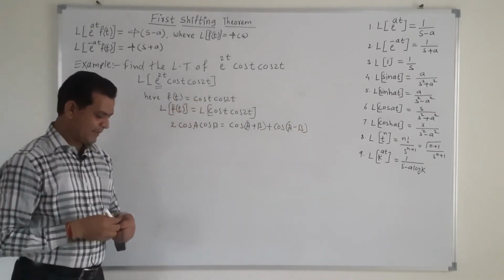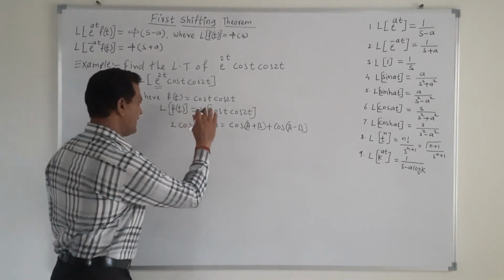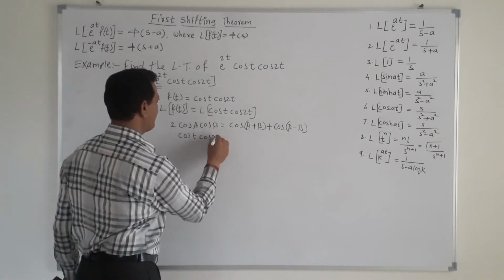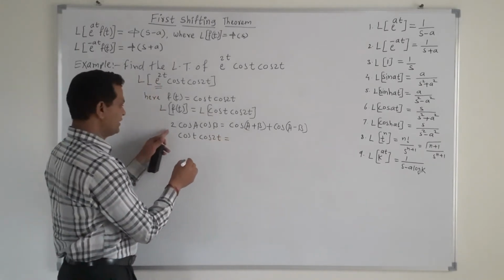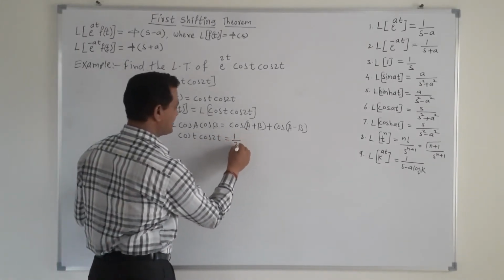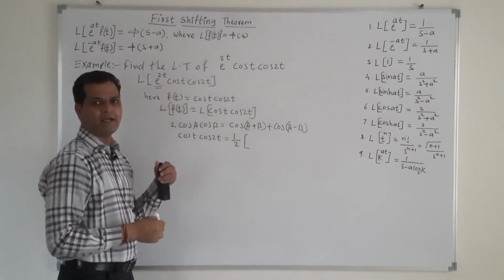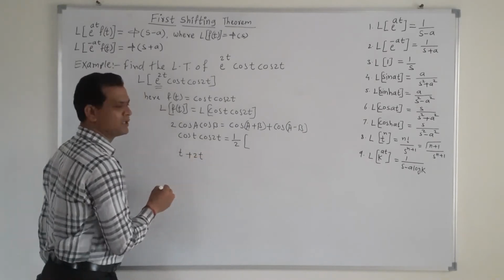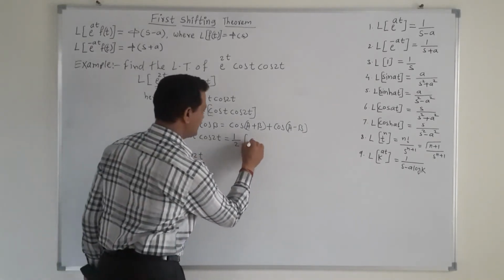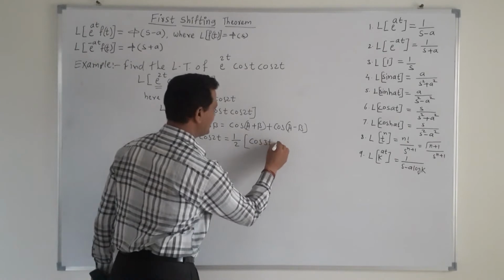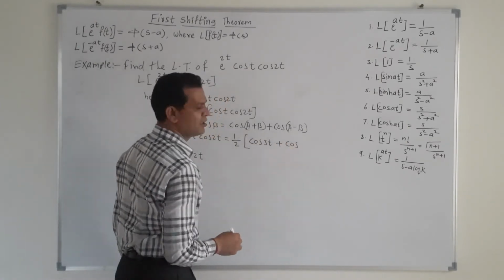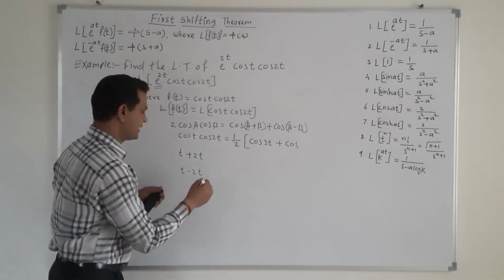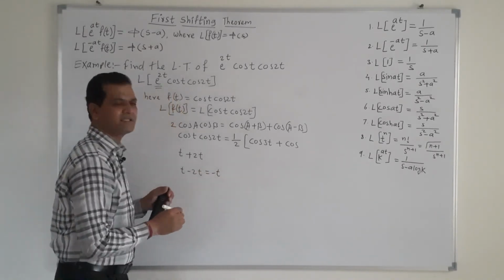If we apply this result, then we get cos of t into cos of 2t is equal to, after taking the 2 to the right side, 1 upon 2. Then A plus B, the value is t plus 2t, so this is cos of 3t, plus the next value is cos of t minus 2t, so we get minus t.